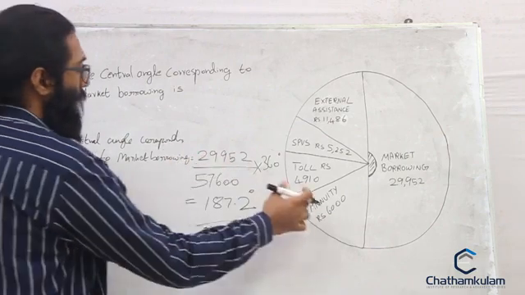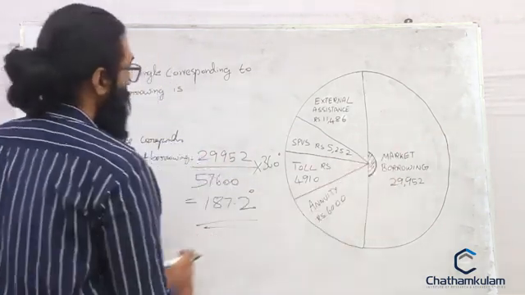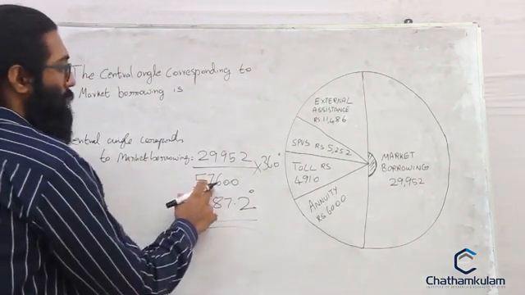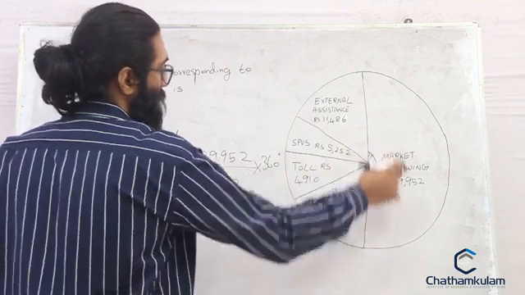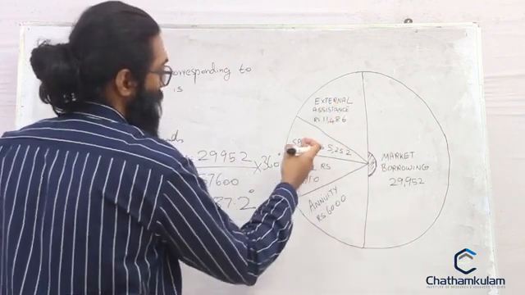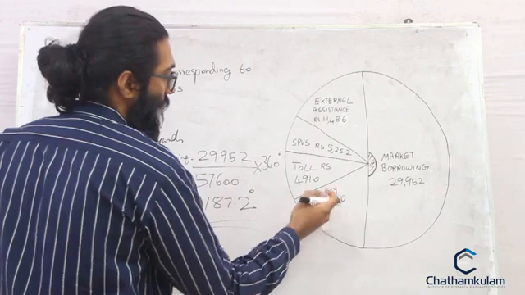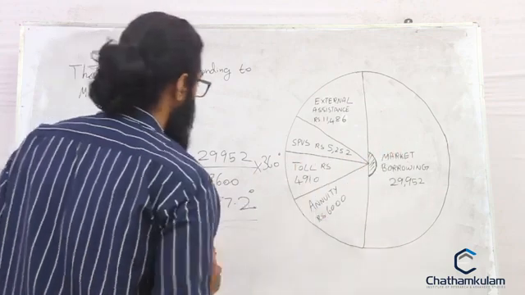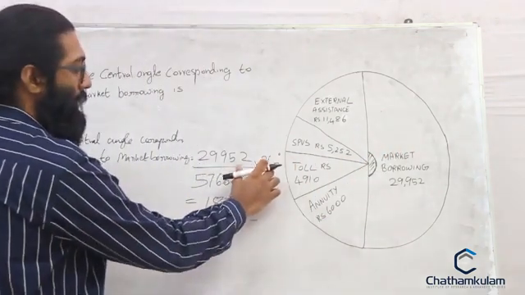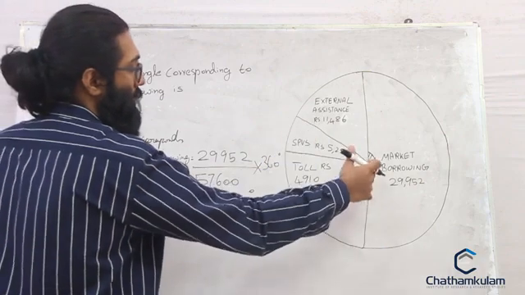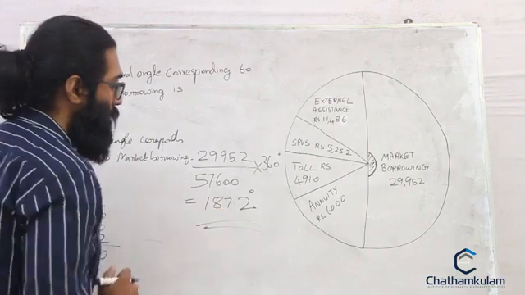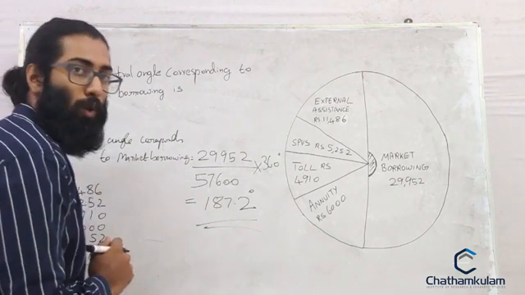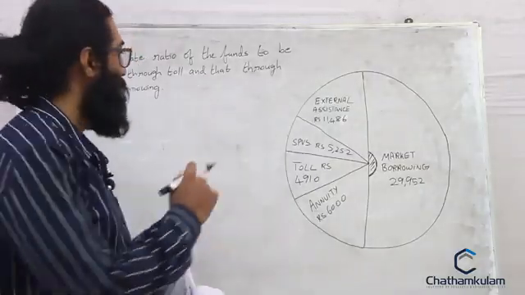This is the amount corresponding to the market borrowing, and this is the amount corresponding to the whole, right? Whole external assistance, SPVS, toll, annuity and all, as well as market borrowing, and we multiply it by the angle of the circle, that is 360 degree. So we get the answer as 187.2 degree. Look into the next question.